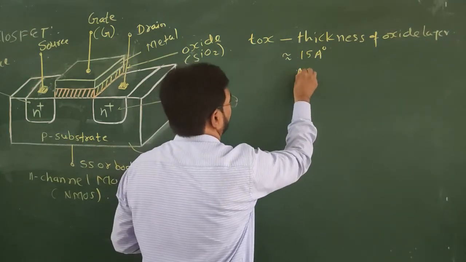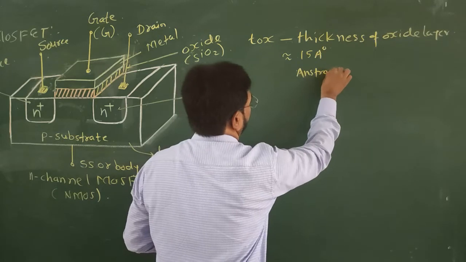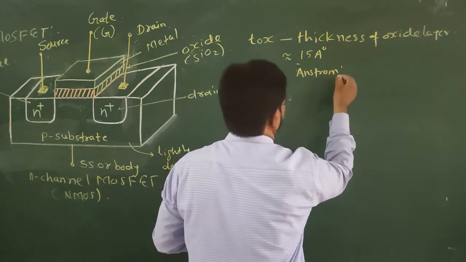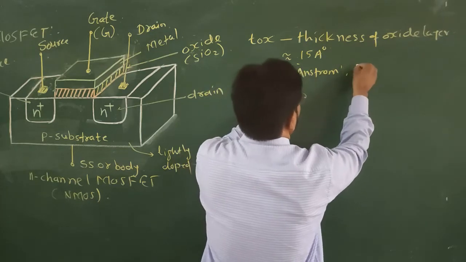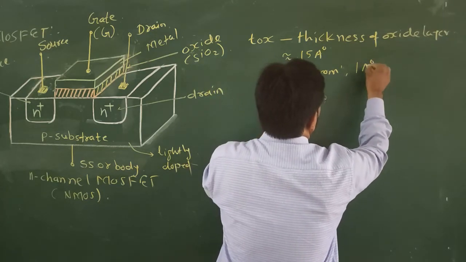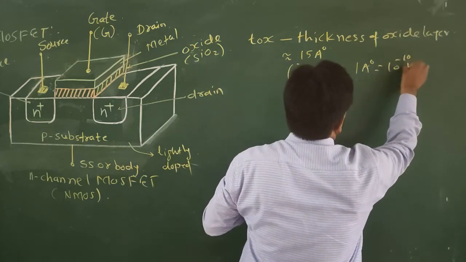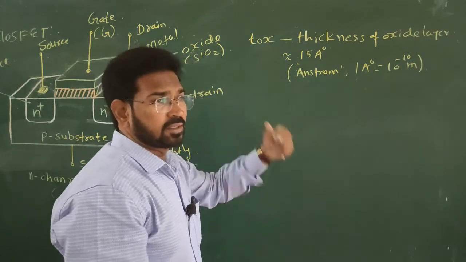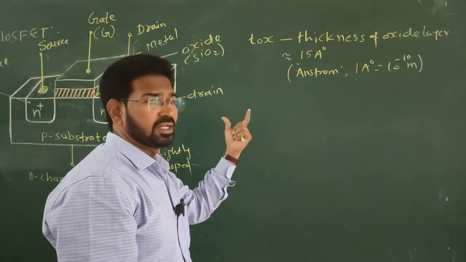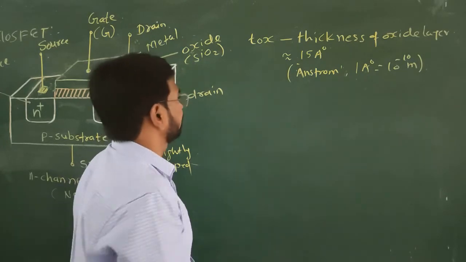Angstrom is a unit of measuring length, and 1 angstrom is equal to 10 raised to minus 10 meter. It is a very small unit, so we can measure small quantities using angstrom.